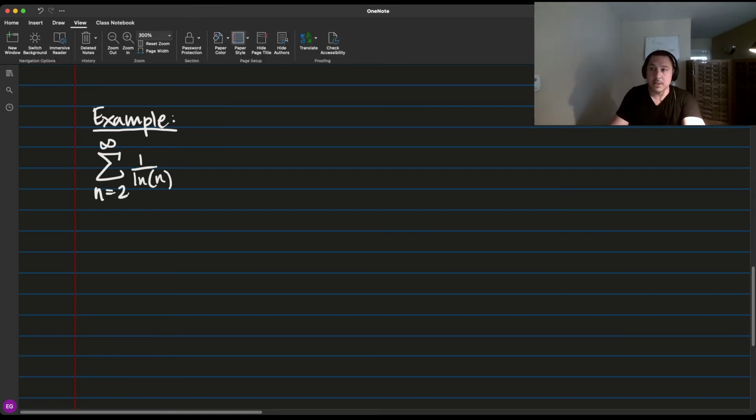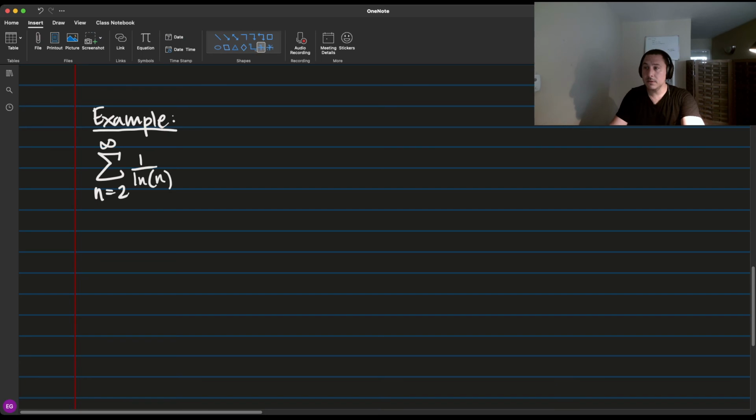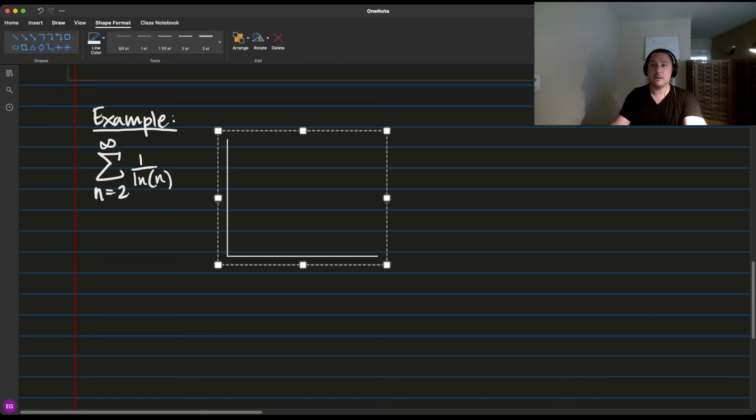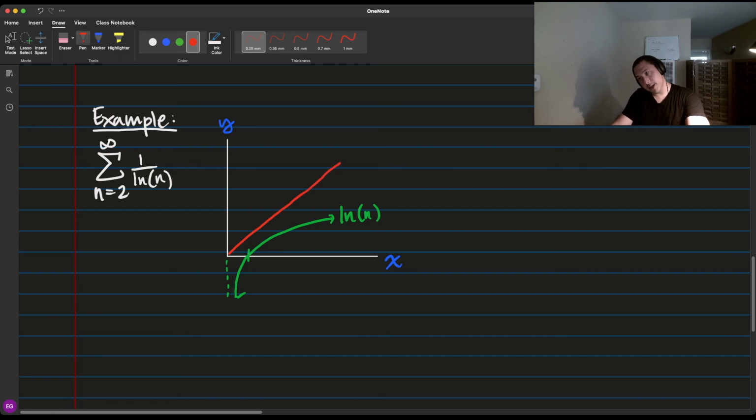I want to start by drawing. I'm going to put in a graph. So here's my graph, here's my x and my y axis. We're looking at the natural log. We know that natural log has an asymptote at 0, so here's my natural log, natural log x, and this is x.